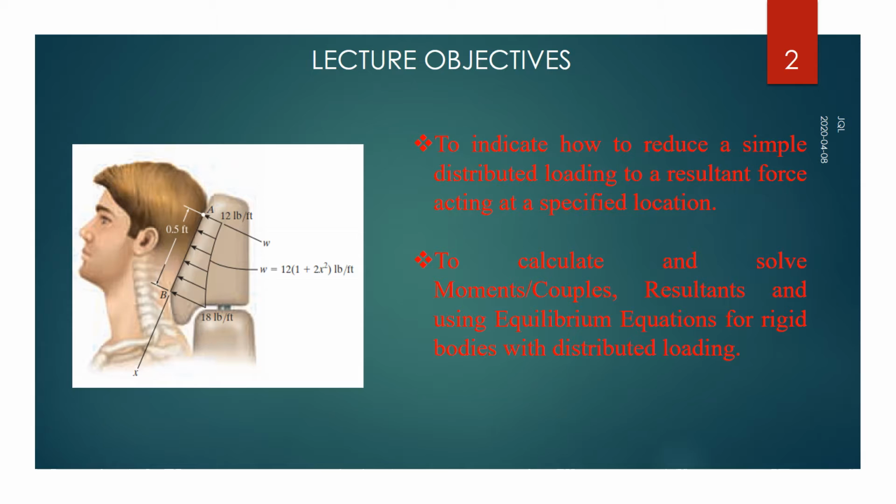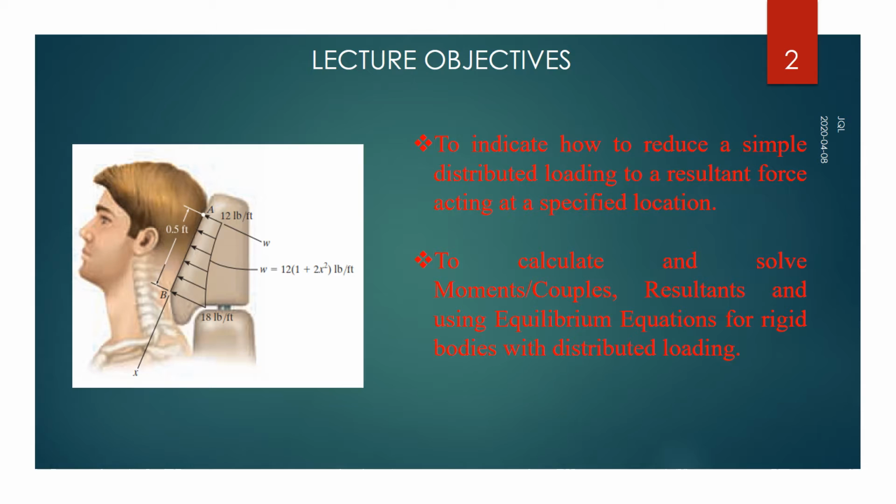Here I'm just showing you what type of loads we might call distributed loading. You can see a human being seated on a chair in a vehicle. That is a headrest.